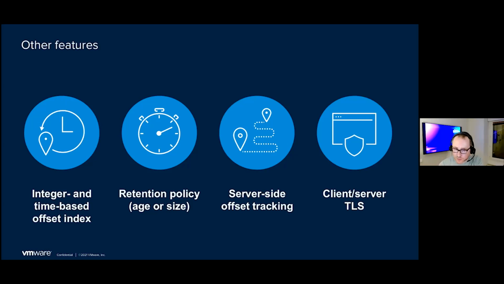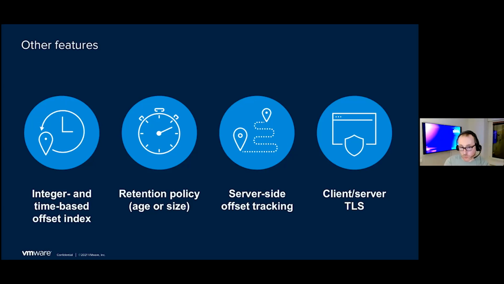There's also server-side offset tracking. This is a consumer feature. When you have a consuming application getting new messages, it can store on the server side the offset of the last message it processed. So if this consuming application stopped and restarts later, it can retrieve the index of the last message it processed and restart where it left off.